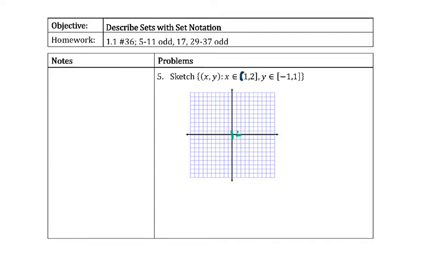So this is actually going to end up being a little rectangle here, because this is the space where all the x values are 1 to 2, and all the y values are -1 to +1. And so all these points are in this space here.